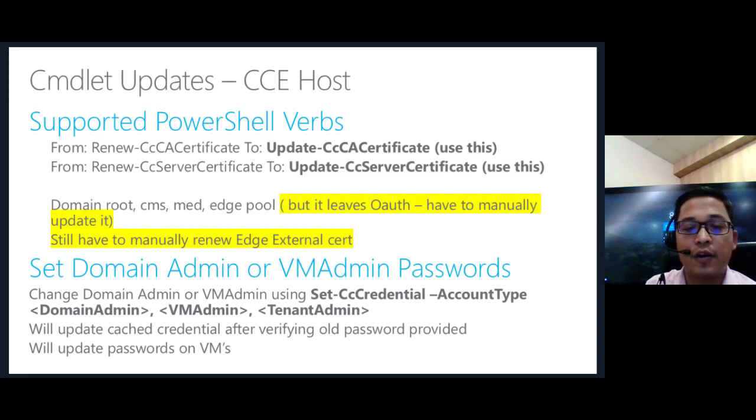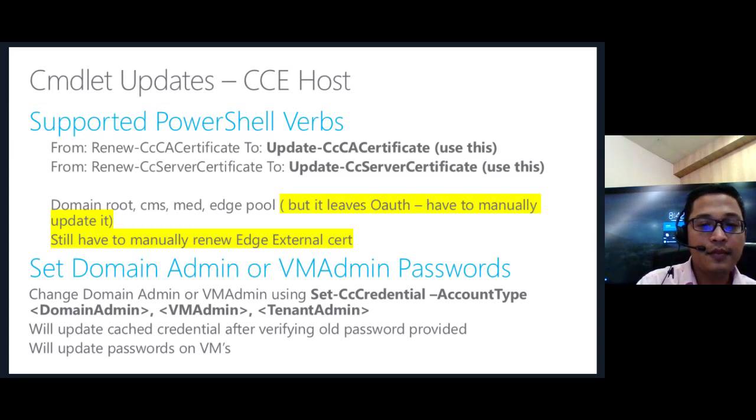If you run the update CC service certificate command, it will renew the domain root certificate, CMS, mediation server, and H4 internet certificate, but it doesn't renew the authentication certificate, because remember in Skype for Business mediation server we have two certificates, one for the internet certificate and one for the open authentication certificate. It doesn't renew that though.